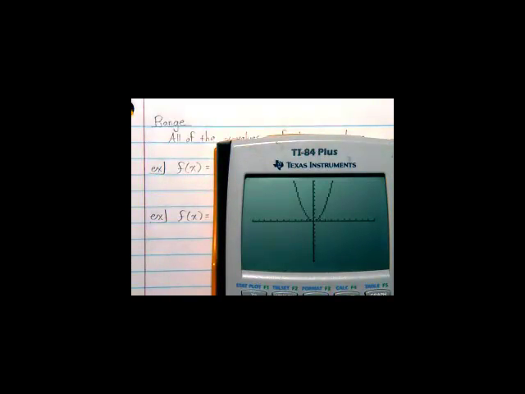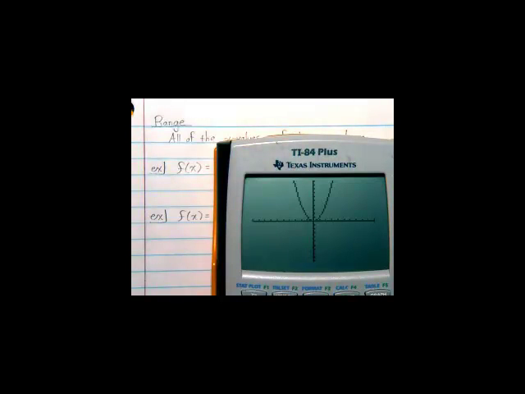Okay, now keep in mind, x squared just keeps on going, right? So what's its domain? It's everything, right? Negative infinity to infinity. Okay, look at that graph. What's the range of x squared? 0 to infinity, right? Does x squared ever go negative in the y's? So that's not part of the range then.